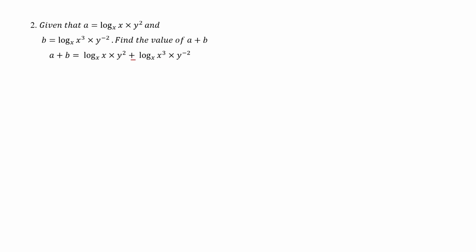Since there is a positive here and the bases are the same, we are going to just multiply the whole of this times the whole of that base x. So when we multiply, this is what we have there. Then we go back to the index form, the x there and the x there, we shall add the powers. The y here and the y there, we shall add the powers, which is this here on the next step.